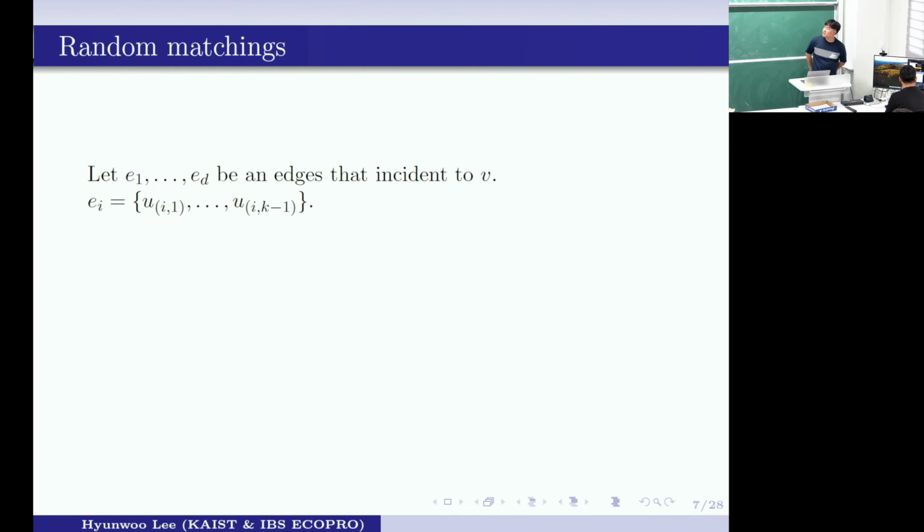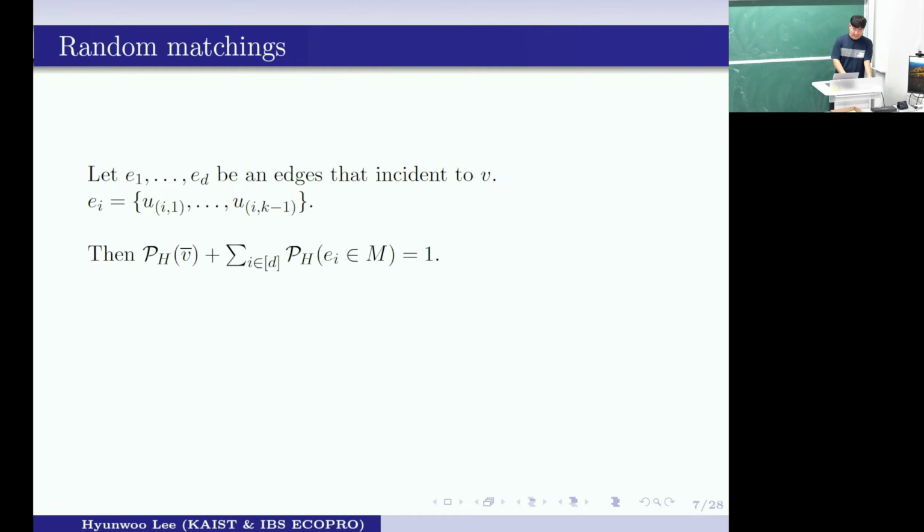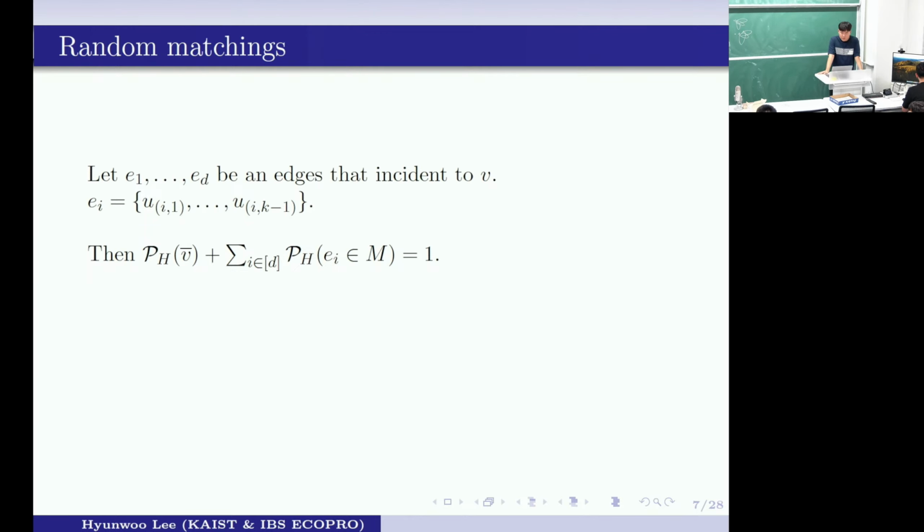Now we fix a vertex v and let E_1 to E_d be the edges that are incident to v, and let's say E_i consists of v and u_{i,1} to u_{i,k-1}. Then this equality holds. This means that the probability that the random matching does not cover v, plus the probability that a random matching contains one of the edges E_1 to E_d, is the whole event.